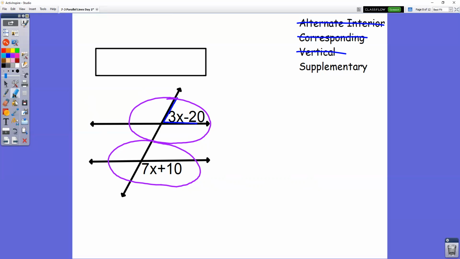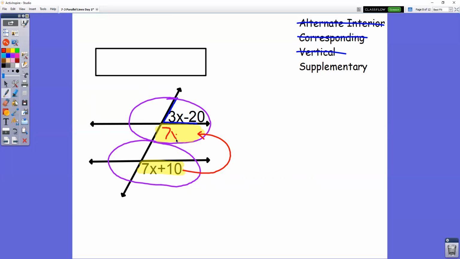I can take this angle right here, 7x plus 10, and I can move it to be right here because this angle is in the bottom right and bottom right. So I can take and I can move this angle up to here.